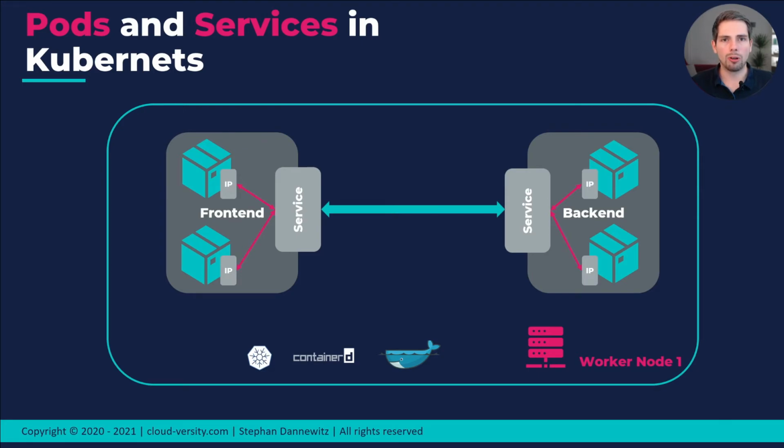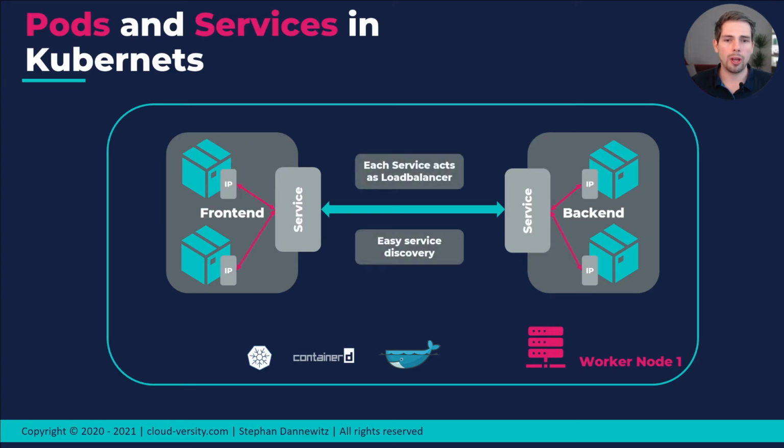So you can just call the service, and the service will always know which pod actually serves the application or the part of the application you want to route to. And so you have a load balancer built in Kubernetes. The service actually is a load balancer, and it always keeps track of which pods and how many pods are running there.